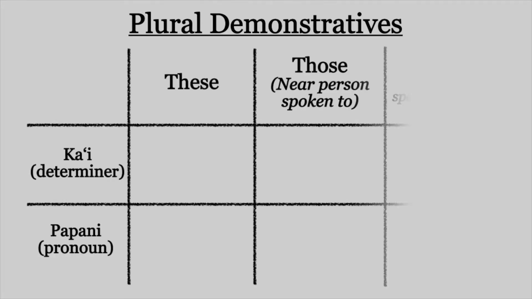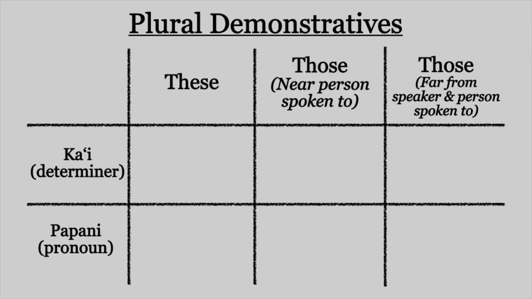Now our plural demonstratives. Let's start with these. As a ka'i, keia mau, such as keia mau puke, these books. As a papani, just keia, such as he mau puke keia, these are books.